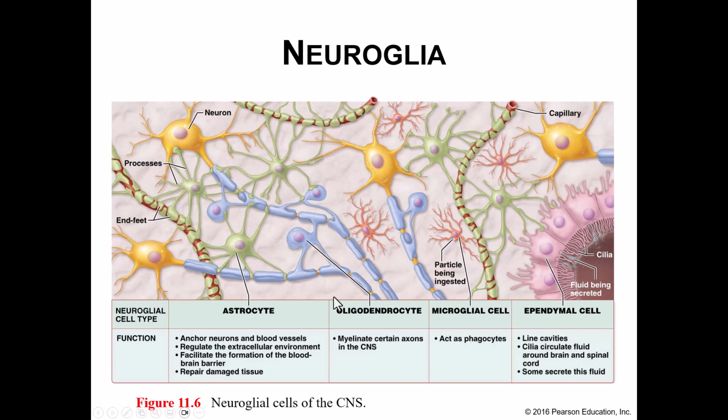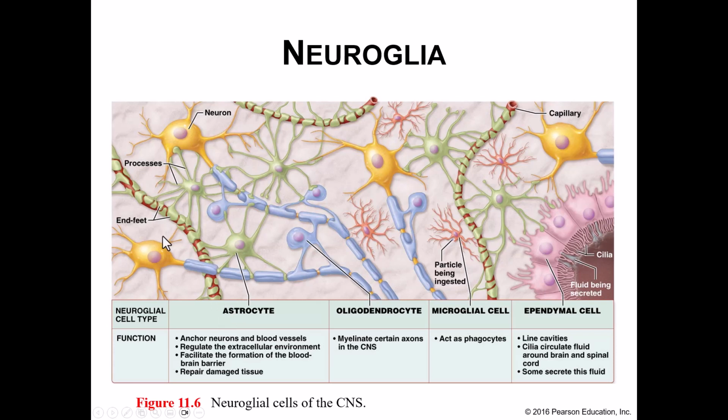Here we can see the cells and how they associate with the neurons. So the yellow cells are our neurons with the dendritic endings and the axons coming off. The green cells here are astrocytes, our supporting cells. So they help to hold the neurons near blood vessels that are in the central nervous system.